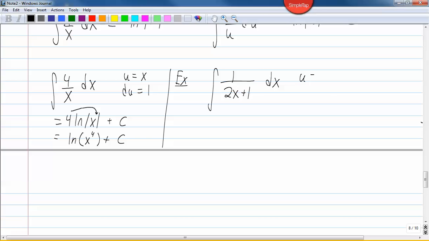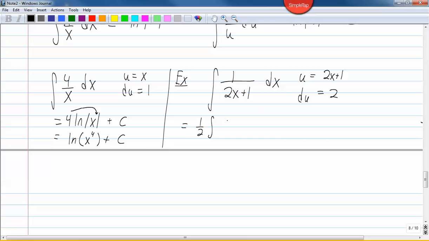So if let's say u equals 2x plus 1, what is du equal to? 2. So I don't have a variable in the numerator, that's good, because I just had a constant here. So what do I need to bring out? A 1/2, right? Because if the du has a 2, you bring out a 1/2.